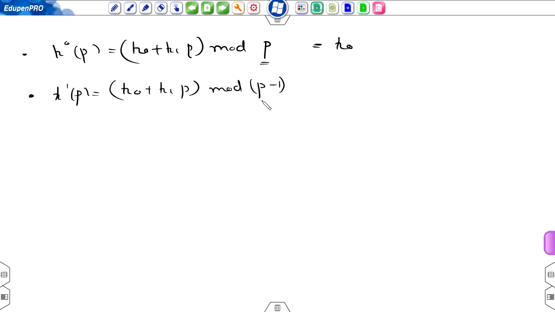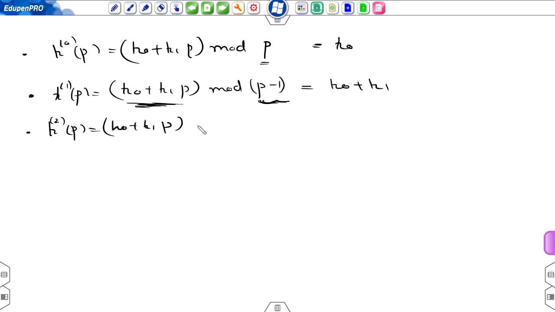So put p equal to 1 in this polynomial to calculate the remainder, as discussed previously. So putting p equal to 1, we have h0 plus h1. Calculating h2p in a similar way, so h2 of p is h0 plus h1p mod m2p, that is p square plus 1.